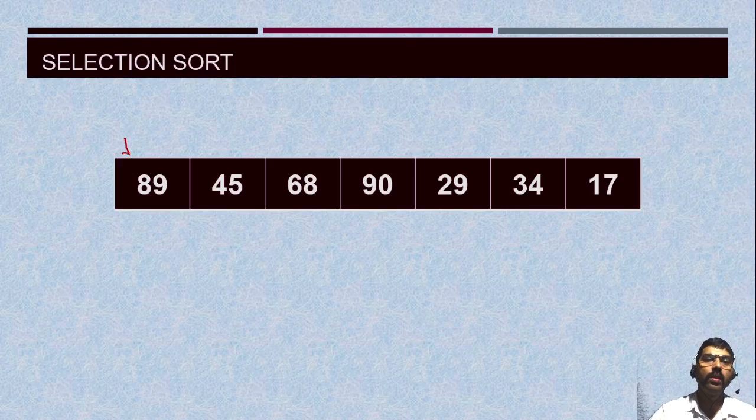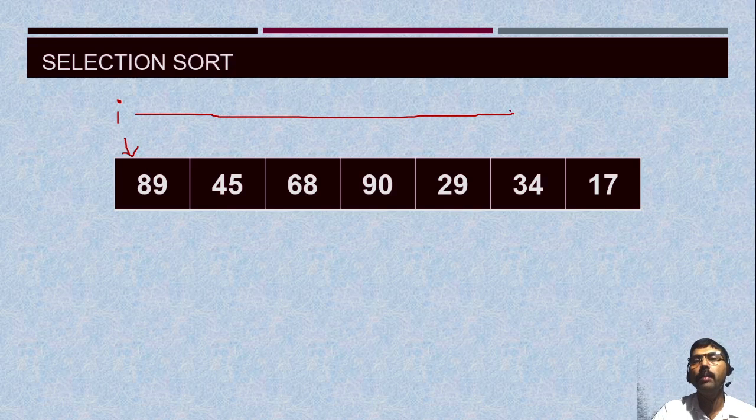Now this is the array to sort using selection sort. We consider this as the first element, and it is pointed to by i. The i will move from the first element up to the n minus 2 element, up to here.